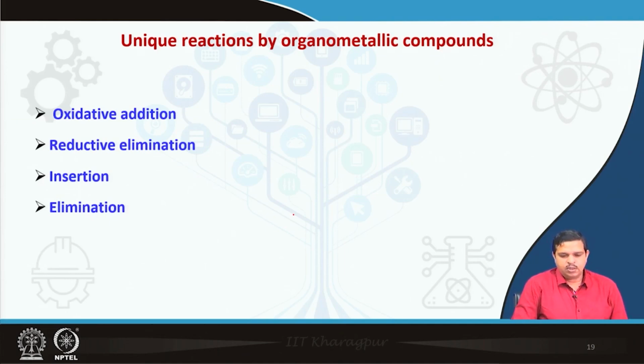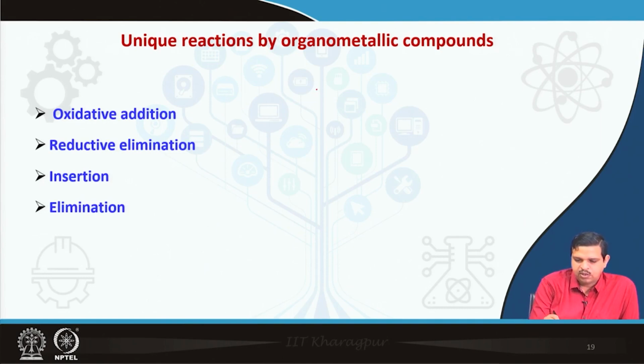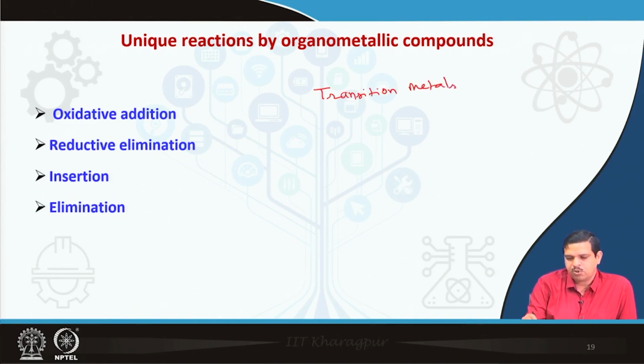You will see that organometallic compounds are very unique, specifically the transition metal complexes. I am sure you know what the transition metals are. It is basically the 3d, 4d and 5d metals that we routinely use for catalytic purposes.